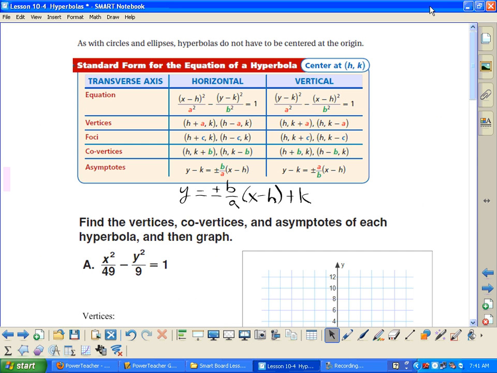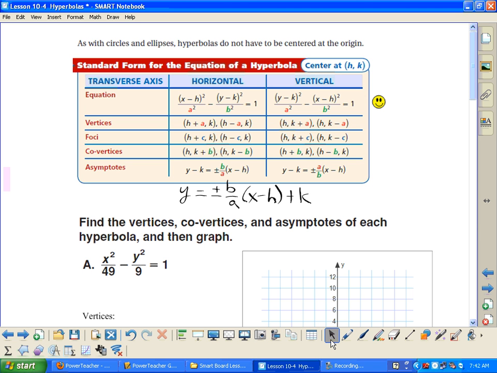Okay, as we continue on, we're going to look at hyperbolas that are centered at a different point than the origin, the point (h, k). And this is the same (h, k) like we were using with an ellipse. If you look at the equations here, they look almost exactly the same as the equations of the ellipse.